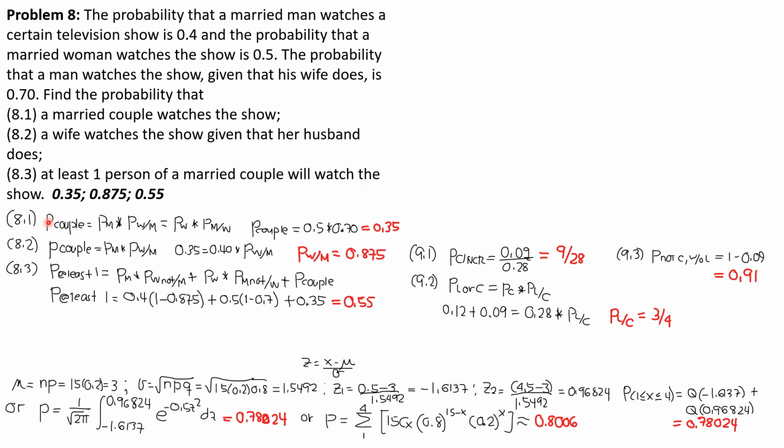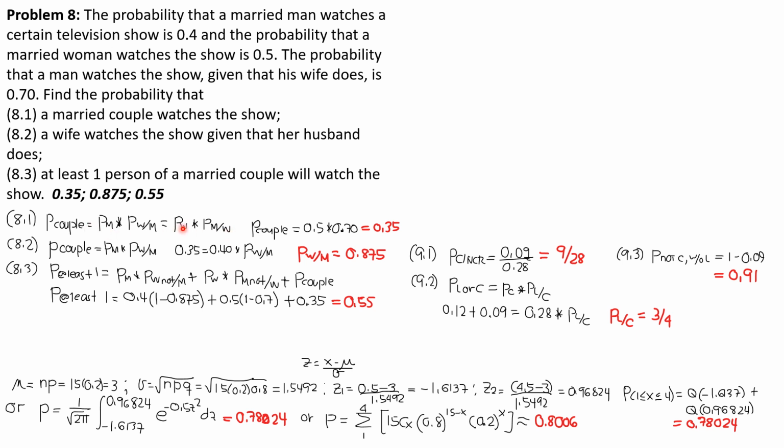So for 8.1, the probability that a married couple watches the show is equal to the probability that a man watches the television show, times the probability that his wife also watches given that the man watches. Or it is the probability that a woman watches the show times the probability that a man watches given that the woman does.